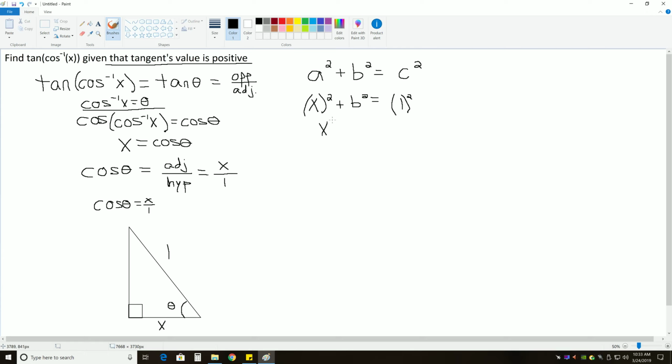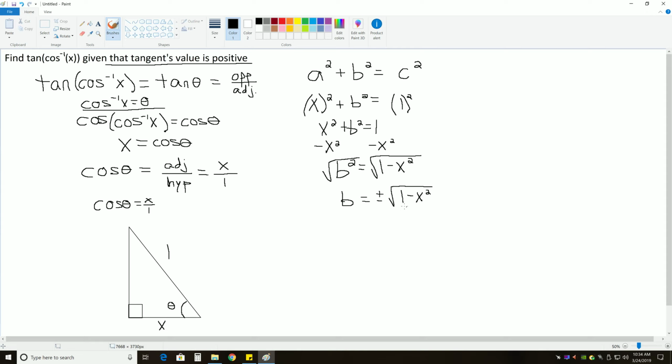Simplifying this, we have x squared plus b squared equals 1. And now we're going to subtract x squared from each side because we're trying to solve for just this value b, which gives us b squared equals 1 minus x squared. And if we want to finally get b alone, we'll take the square root of each side, which gives us b equals plus or minus the square root of 1 minus x squared.